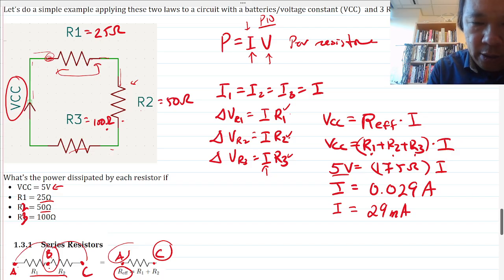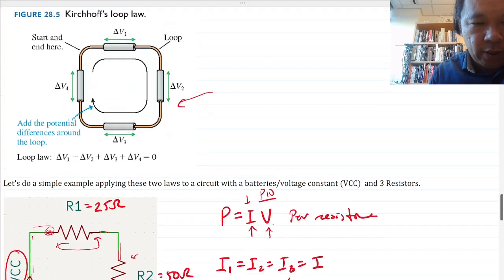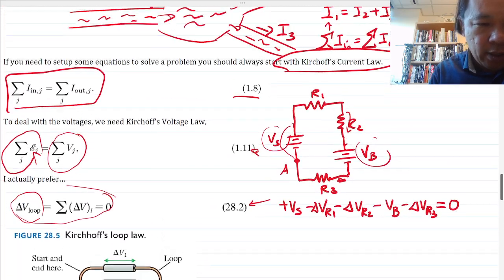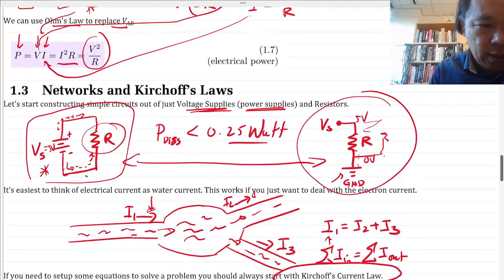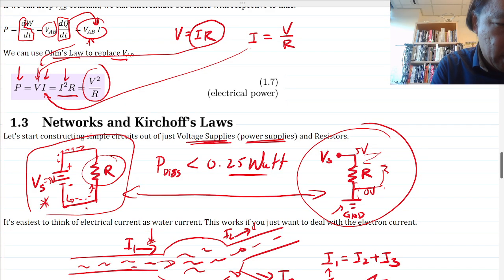Now we have to calculate the power dissipated, so the power dissipated by resistor 1. Instead of trying to figure out what delta V across resistor 1 is, we can use the equation that doesn't need that. Remember, the current squared times the resistance also gives you the power.